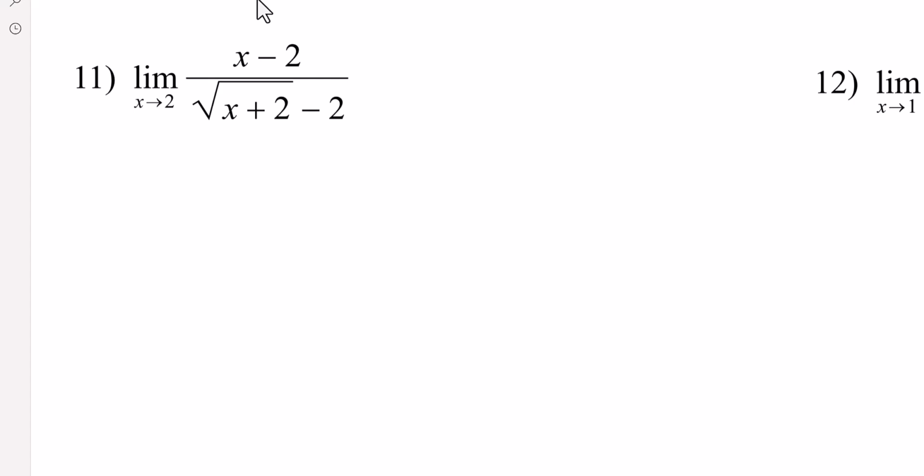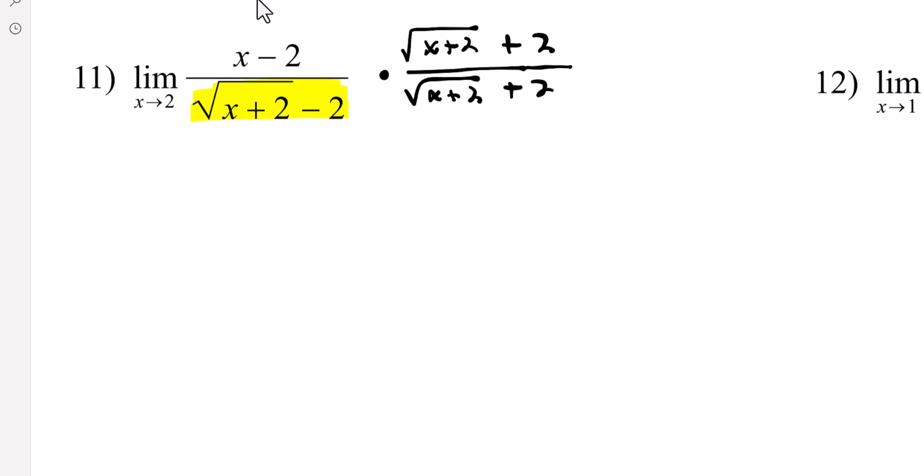So you look at where the radical sign is. It's in the denominator. So the conjugate would be that radical sign plus 2. Okay, here's a tip.